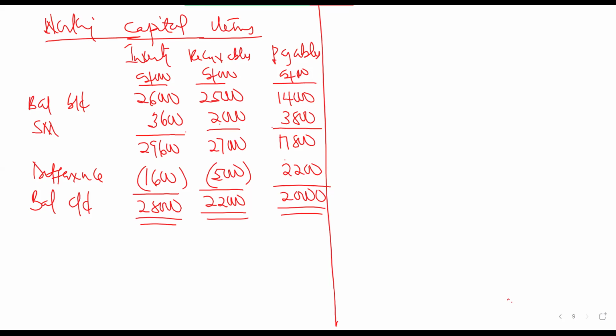It's just like this. The cash that you paid to your suppliers is, let's say, 20,000. But the amount that you are owing them, that is the opening balance, is 17,800. You have paid 20,000.